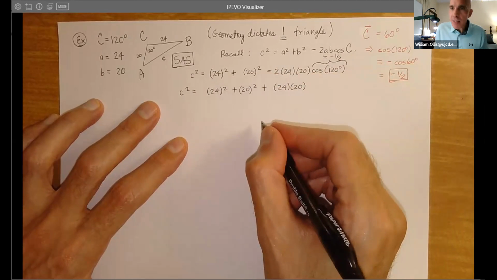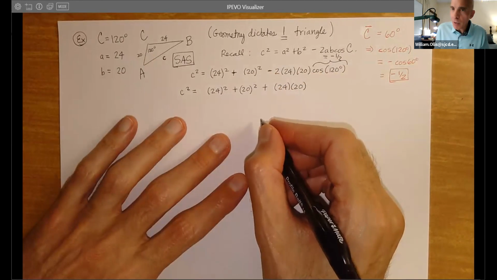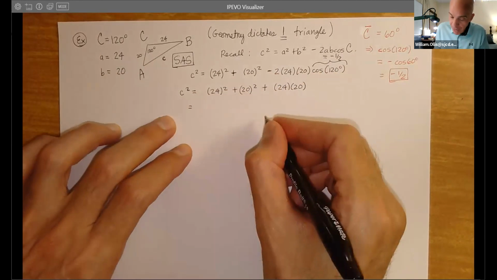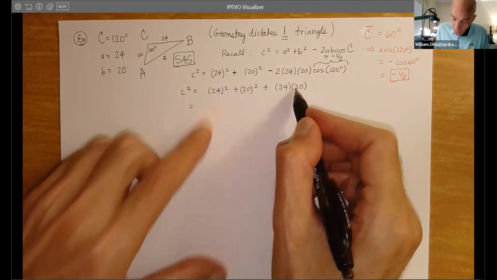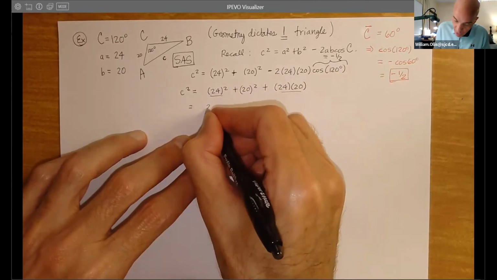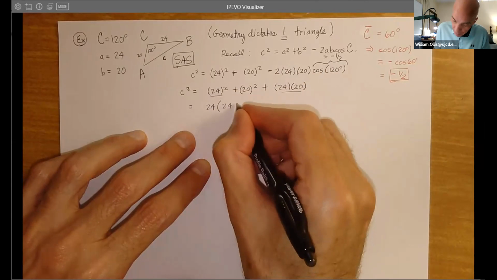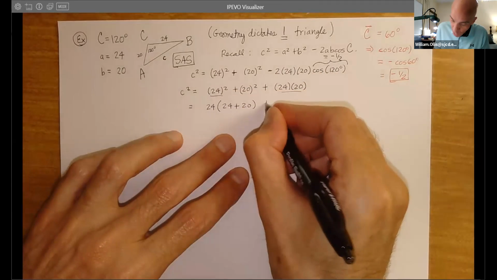So that was nice. That was good of WebAssign to give us a nice angle, so we can work with that. So now we can go ahead and do some factoring. If you like, we can just look at the 24 here out of these two. So this will give us 24 times 24 plus 20, plus 20 squared.